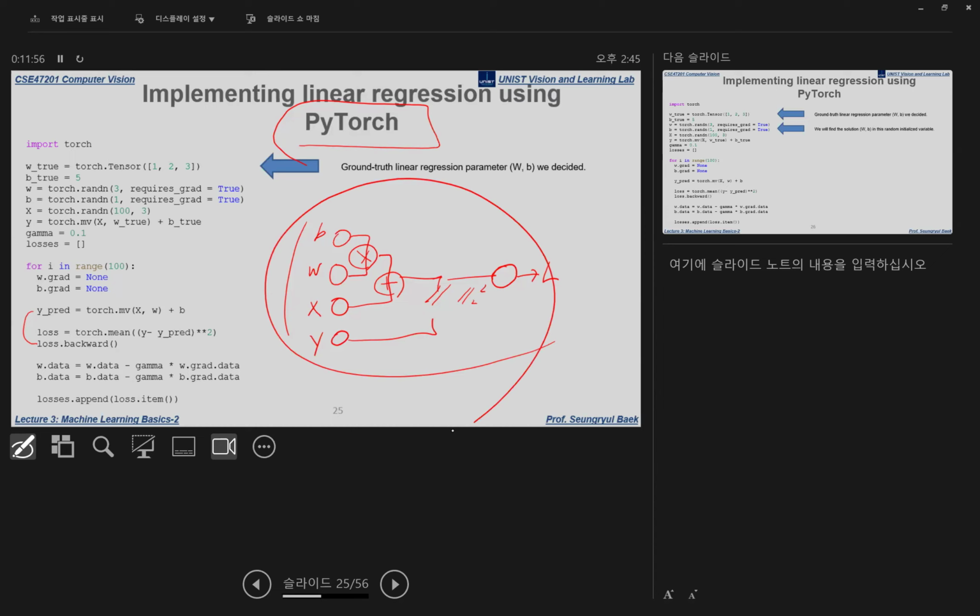And then if you call loss.backward, they already know which variables are connected in which order, so they can track it and calculate the gradients automatically without the closed form solution.